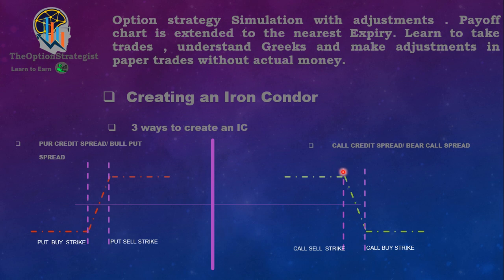Basically we set up a call strike where we sell an OTM call. It's a typical setup, and then we buy a further OTM call at the same expiry. So all are of the same underlying and same expiry for this kind of strategy. And one more important thing is that this payoff will only be realized at expiry, not before expiry.